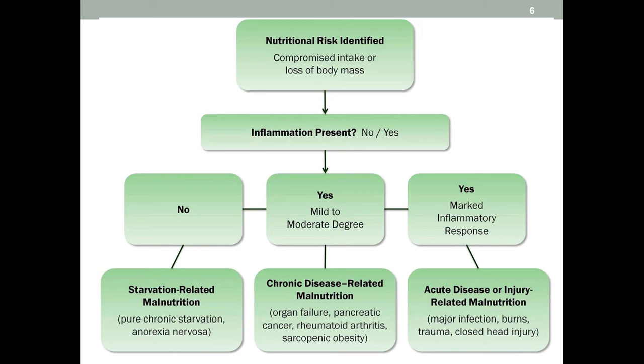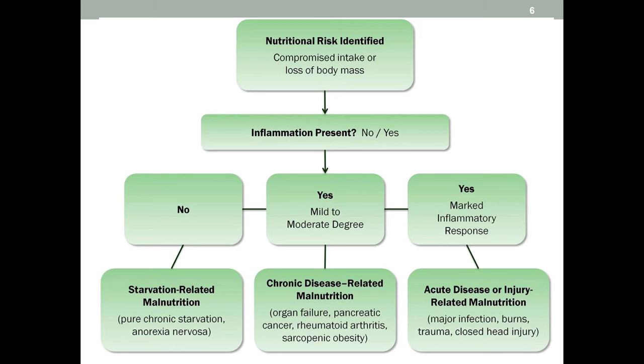If a patient is identified as being at nutritional risk that could lead to compromised intake or loss of body mass, especially lean body mass, we as dietitians need to be alerted of this. And this will usually happen when the nurses mark certain boxes.